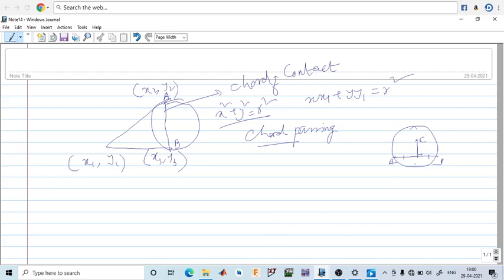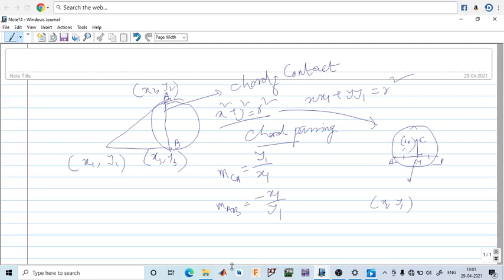Suppose this point M is x1 y1 and the center is 0 0, and the equation of the circle is the same. So what will be the slope of CM? It will be y1 by x1. Then what will be the slope of AB? As CM is perpendicular to AB, the slope of AB will be minus x1 over y1.